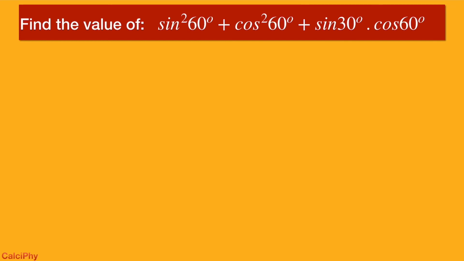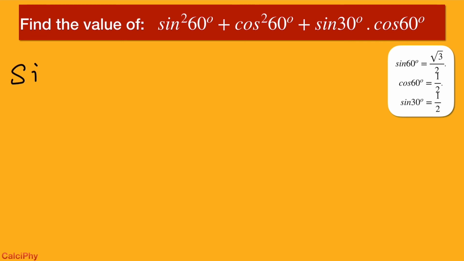To simplify this sum, we first replace the values of the required ratios using our table. We get sin 60 is equal to root 3 upon 2, cos 60 is equal to half, and sin 30 is equal to half.